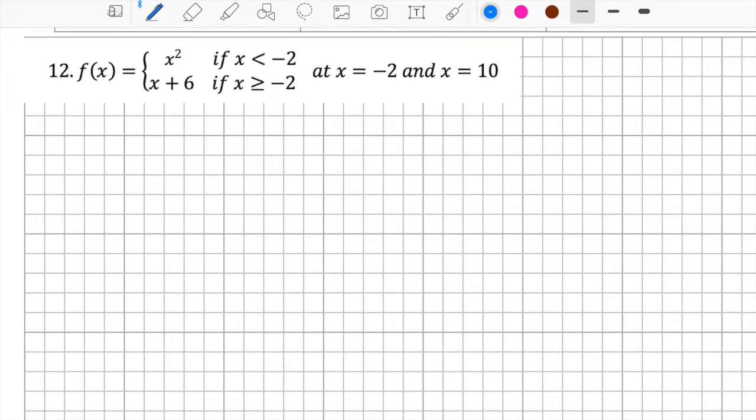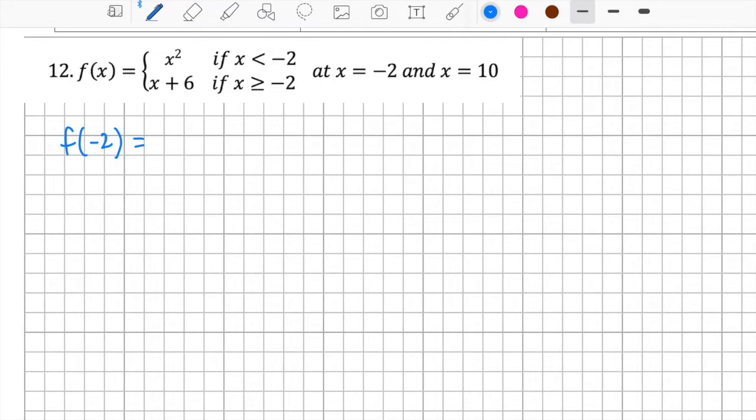First of all, let's check to see, is it defined at x equals -2? So the question is, what is f of -2? Well, you have two options. When x is less than -2, you use this function. When x is greater than or equal to -2, you use this function.